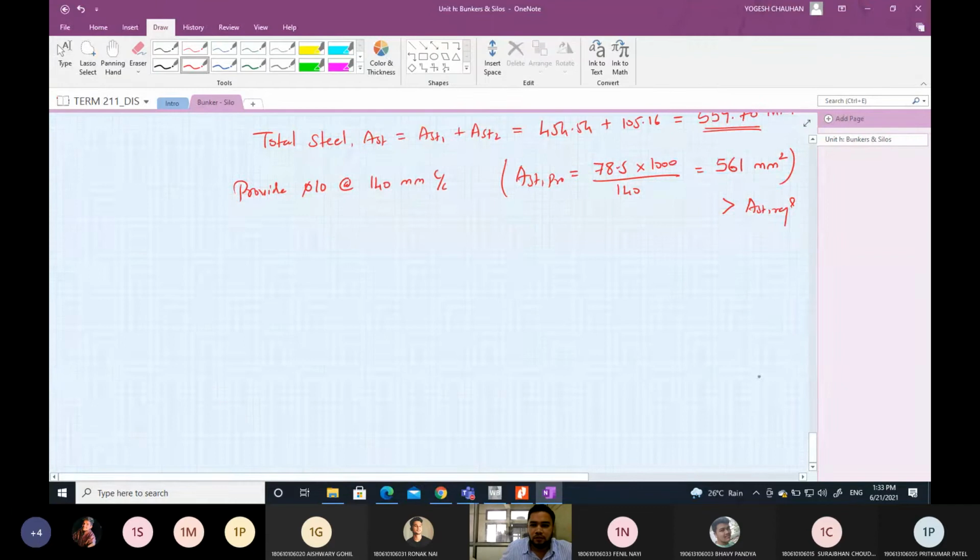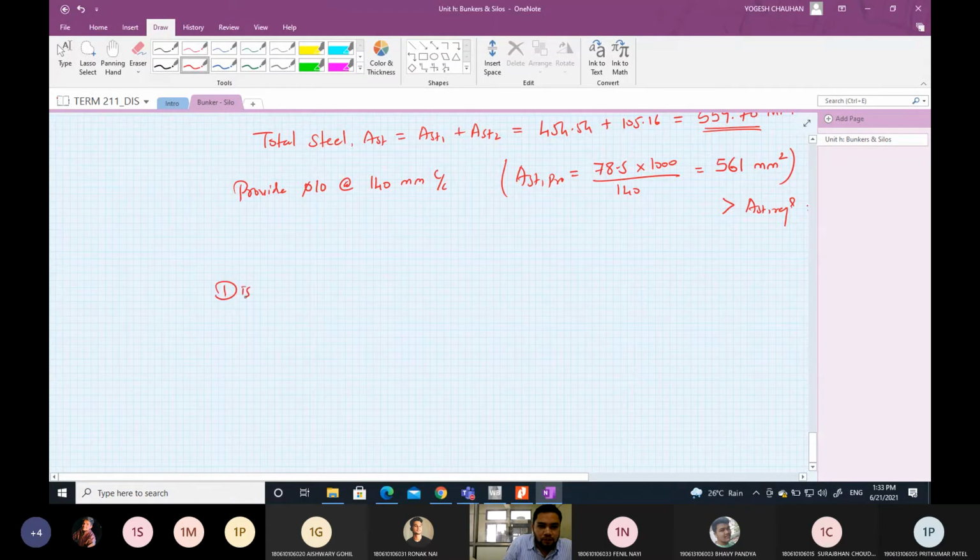Next is the distribution bar. Distribution steel, let us provide as minimum steel.